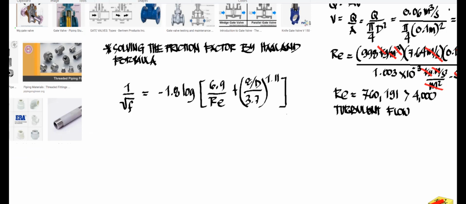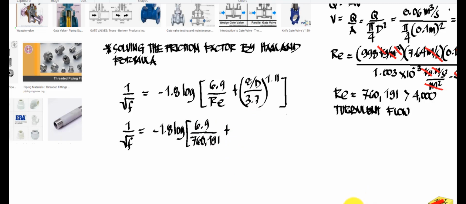Substituting the values here, we have 1 over the square root of f equal to negative 1.8 times the logarithm of 6.9 divided by the Reynolds number, which is 760,191, plus the relative roughness.